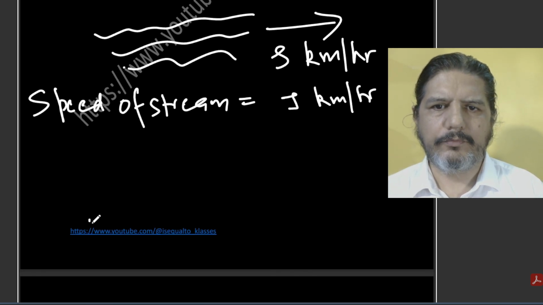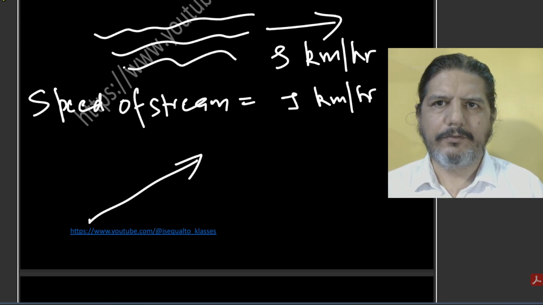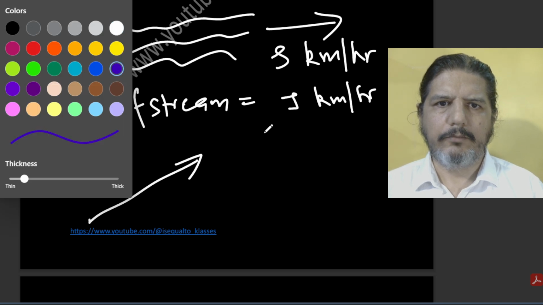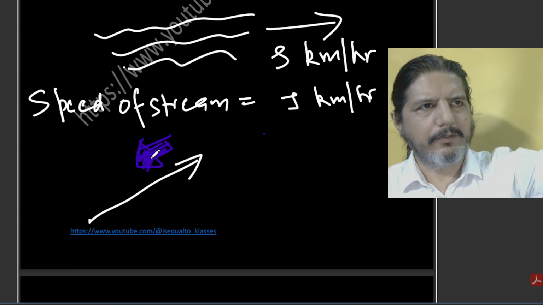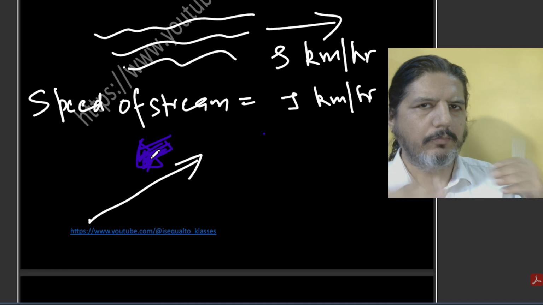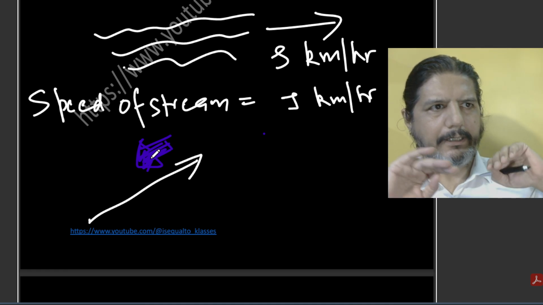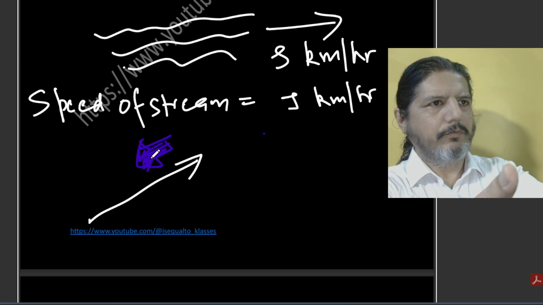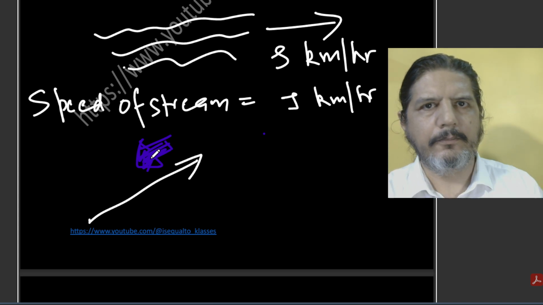The meaning of upstream. Usually I represent it like this, upstream. So basically what this implies is that the water is coming down. The river, you are basically facing the river. So what it implies is that your boat is against the river. So water is coming from the opposite side and you are paddling in this side.